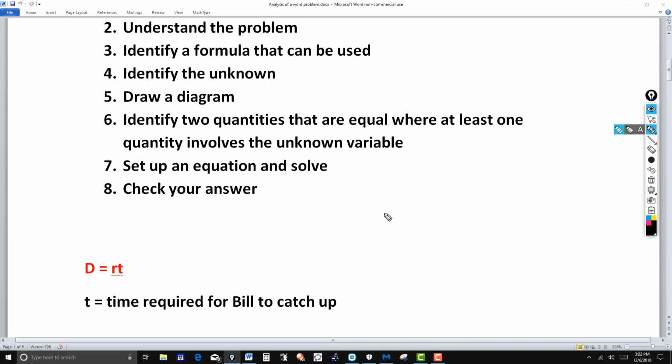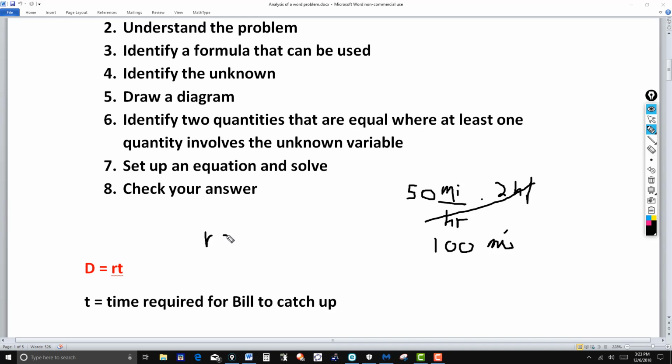So if I'm going 50 miles per hour and I travel for, say, 2 hours, the hours cancel out, and then 2 times 50 gives me 100. So I know that the distance traveled in 2 hours is going to be 100 miles.